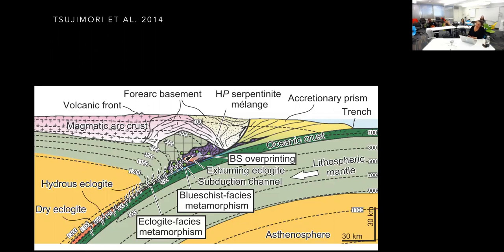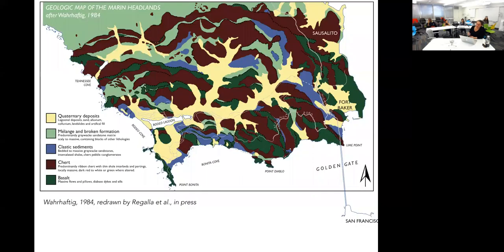So that's a case-specific area where you have to look at the architecture of the whole system and figure out what a reasonable mechanism of exhumation of these deep-seated rocks might be. But this is the system of circulation that's thought to create them and bring them to the surface.